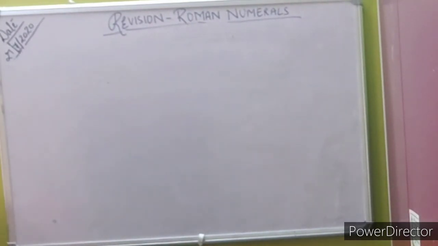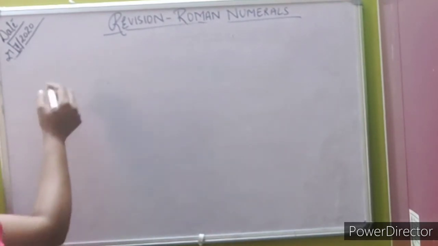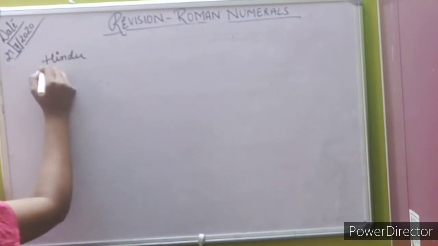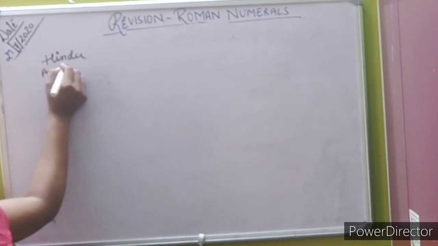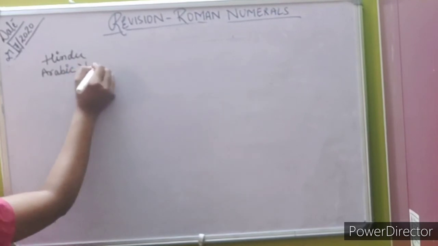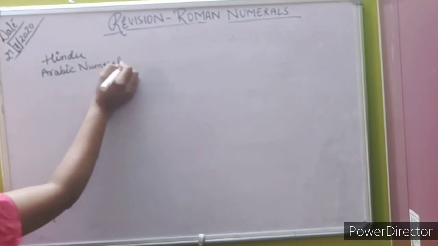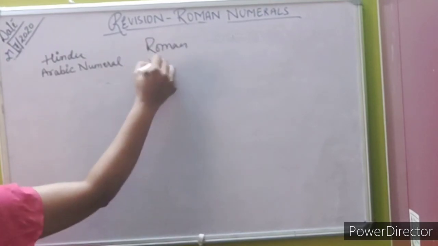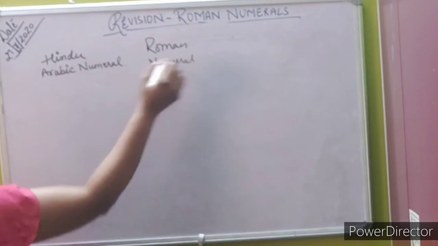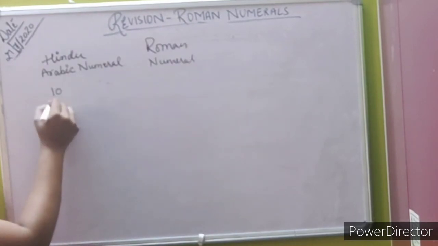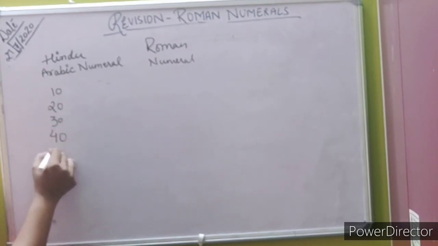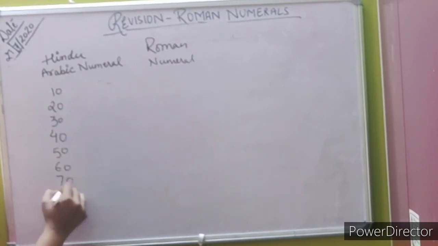Now note down in your copy Hindu Arabic numeral and Roman numeral: 10, 20, 30, 40, 50, 60, 70, 80, 90, 100.